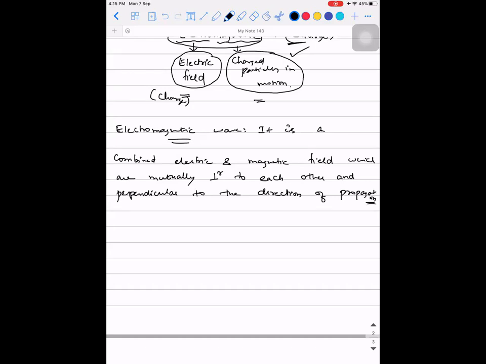Is there any doubt? So it is a combined electric and magnetic field which are mutually perpendicular to each other, and perpendicular to whom? Perpendicular to the direction of propagation as well. So what should be the nature of an electromagnetic wave? It should be a transverse wave in nature.